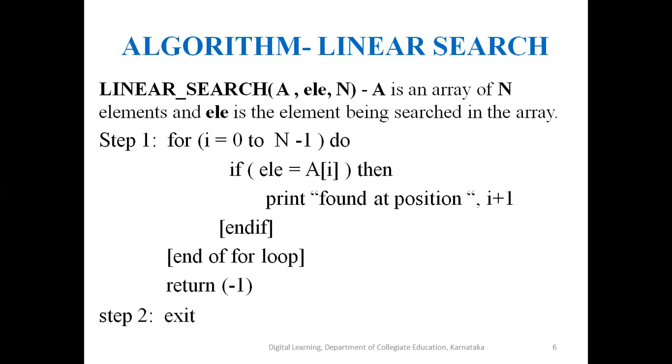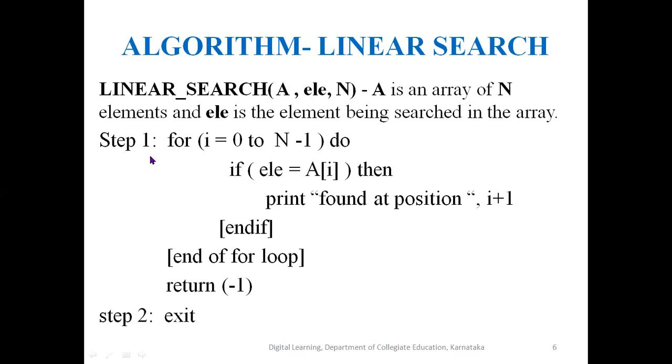Next, let us learn how linear search works. So here is the algorithm for linear search. The name of the algorithm is linear search. Here, A is the array with n elements and ELE is the element being searched in the array.